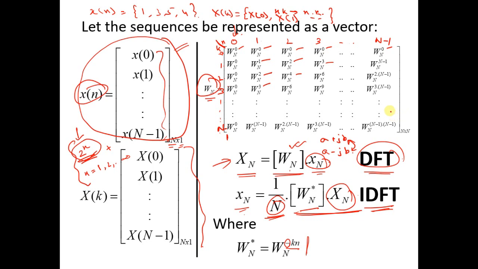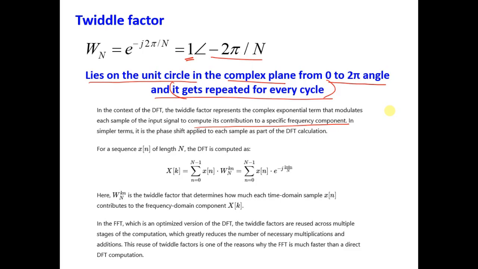When you are in the complex plane, what is that? It is nothing but some frequency component. So all the signal components are getting multiplied to specific frequency components, and accordingly you are able to find out the frequency response of the signal. Now in simpler terms, it is the phase shift applied to each signal sample as part of the DFT calculation, and this is the equation we discussed a few months back.